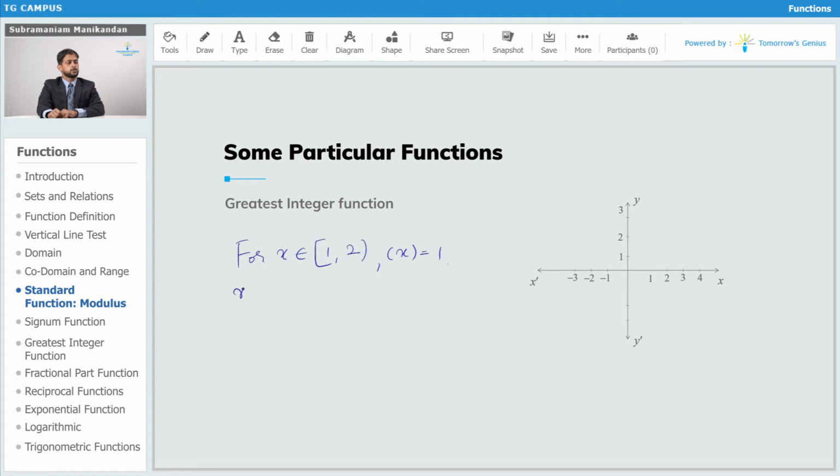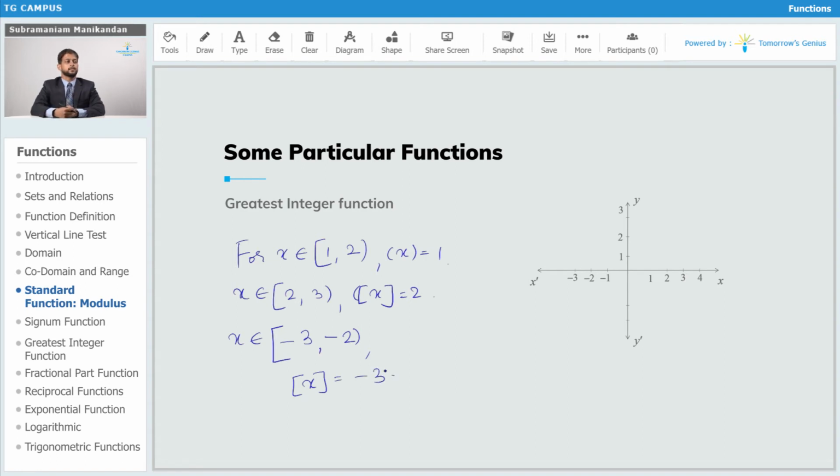For all values of x between 2 to 3, box x equals 2. For all values of x between minus 3 to minus 2, box of x will be equal to minus 3, and so on.